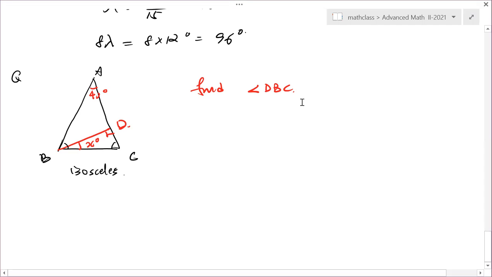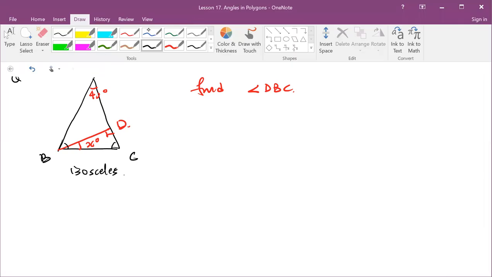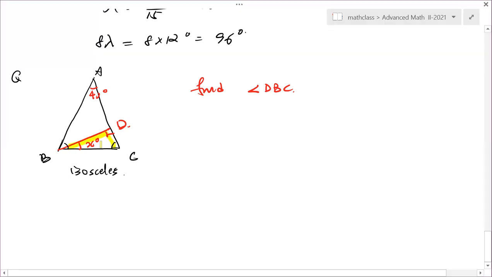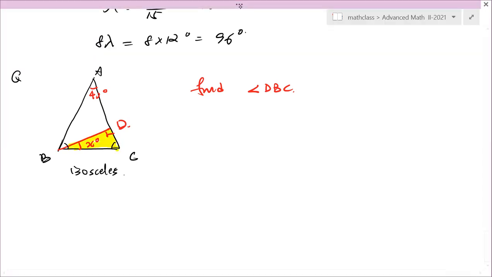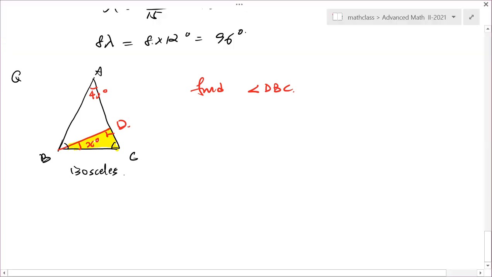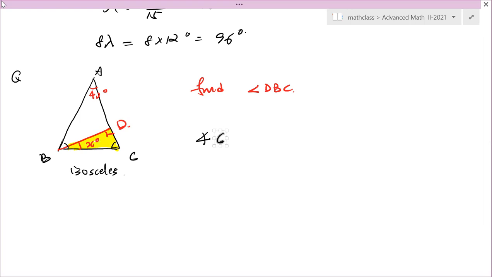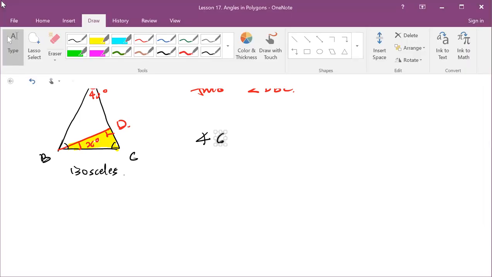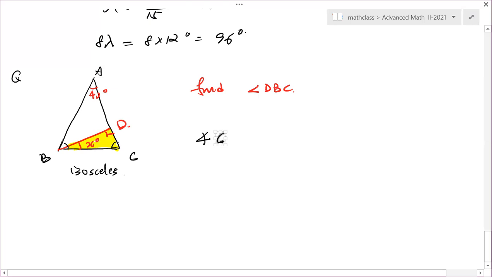Okay, so look at this triangle. We have to find a way to solve it. We call it a two-step problem. I'm going to focus on this triangle in the yellow color. Step one, I have to figure out the angle at point C. Let's call it y degrees.